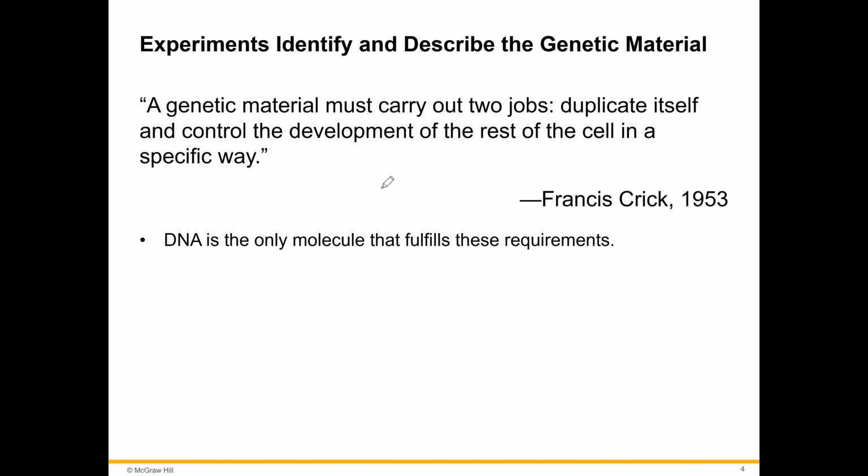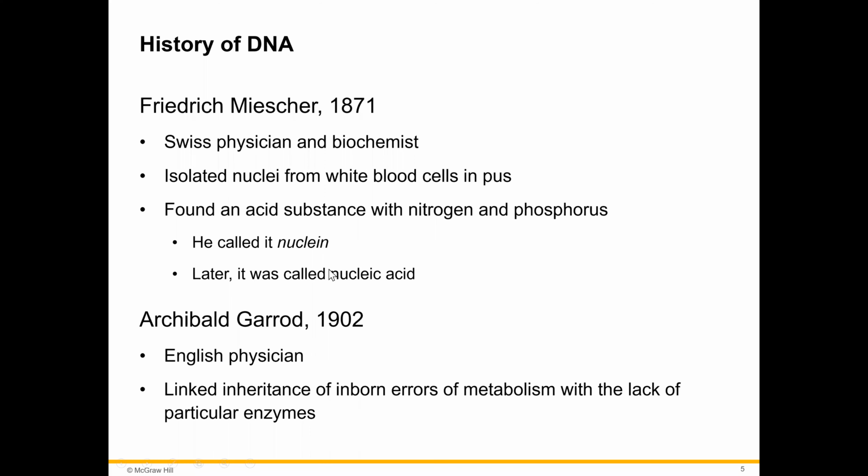The molecule that can duplicate, make a copy of itself, and the molecule that will control all other functions inside a cell. The only molecule that fulfills these requirements is DNA. So let's go ahead and see how our research started.